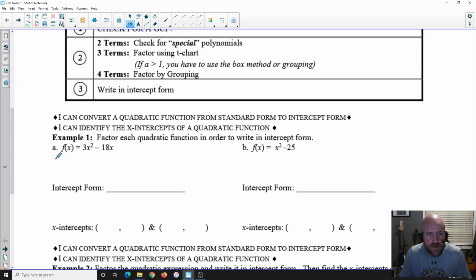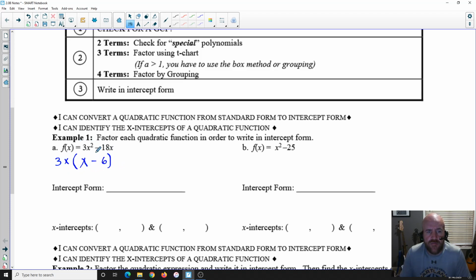So if I take out a 3 and an x, we're essentially dividing both terms by 3x. If we divide this first term by 3x, we're going to be left with an x. If we divide this second term by 3x, we're going to be left with a 6.